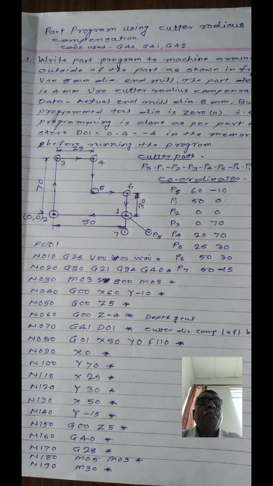When you use cutter compensation left and right, that is G41 and G42, when the direction of cut is clockwise, in that case you have to use G41, and when the direction of cut is counterclockwise, then you have to use the code G42. Is it okay?